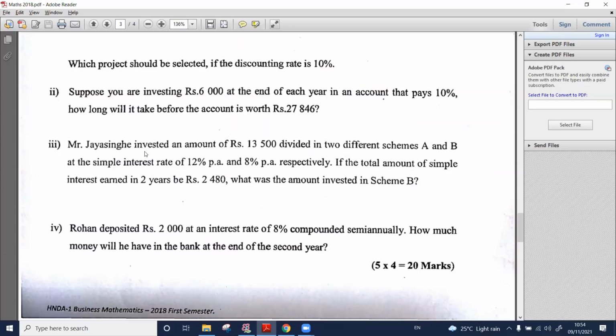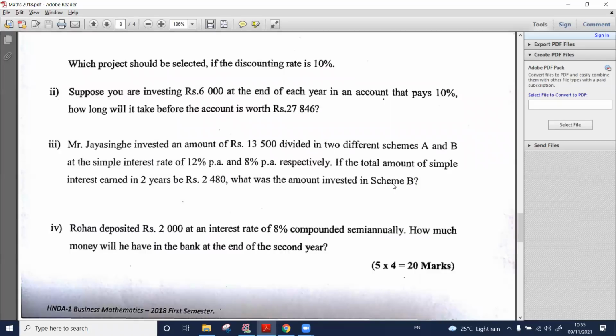He has invested this amount in 2 schemes, A and B, at these given simple interest rates, 12% and 8%.